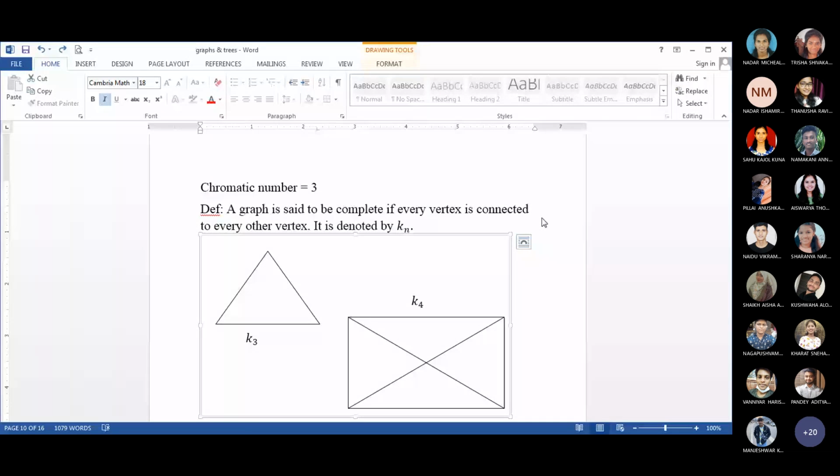These are examples of K3 and K4. For K5, and for K6 you can visualize a hexagon where every vertex is connected to every other vertex.